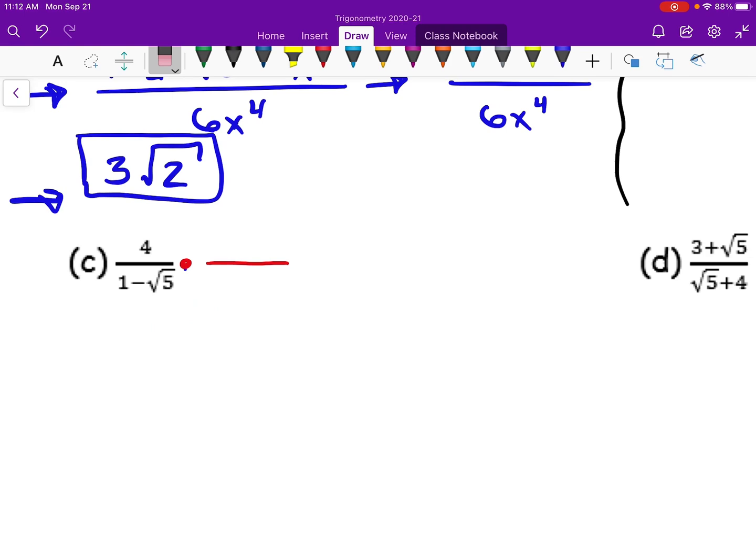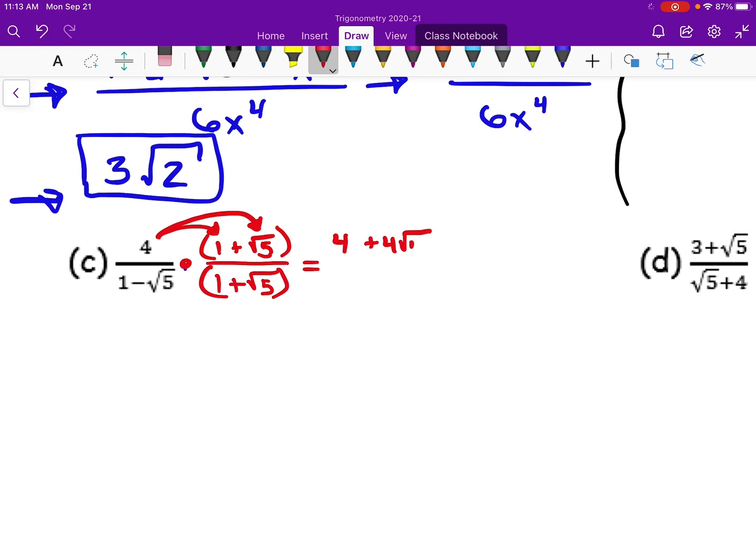Okay. So on the top, I'm going to do 1 plus square root of 5, and on the bottom, 1 plus square root of 5. FOIL where I can, distribute where I can. 4 times 1 is 4. 4 times square root of 5 is 4 square roots of 5.